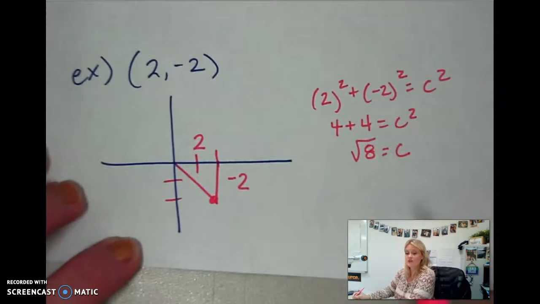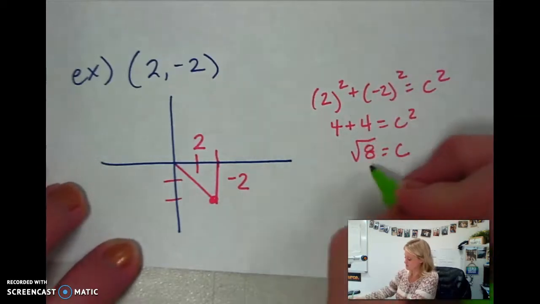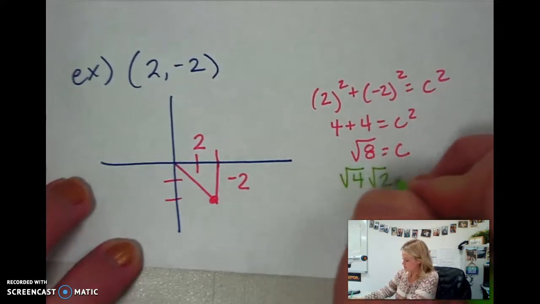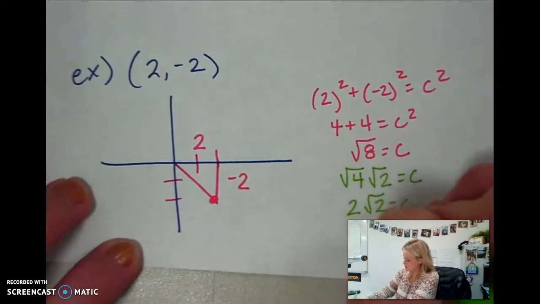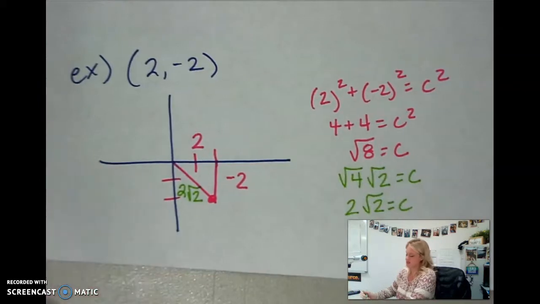Let's go back a few weeks ago. How do I simplify the square root of 8? We don't want the decimal, but we can take a perfect square out of it. The square root of 8 is the same as the square root of 4 times the square root of 2. Square root of 4 is 2, and now we have 2 square root of 2. Again, it's going to be positive because it's my radius.